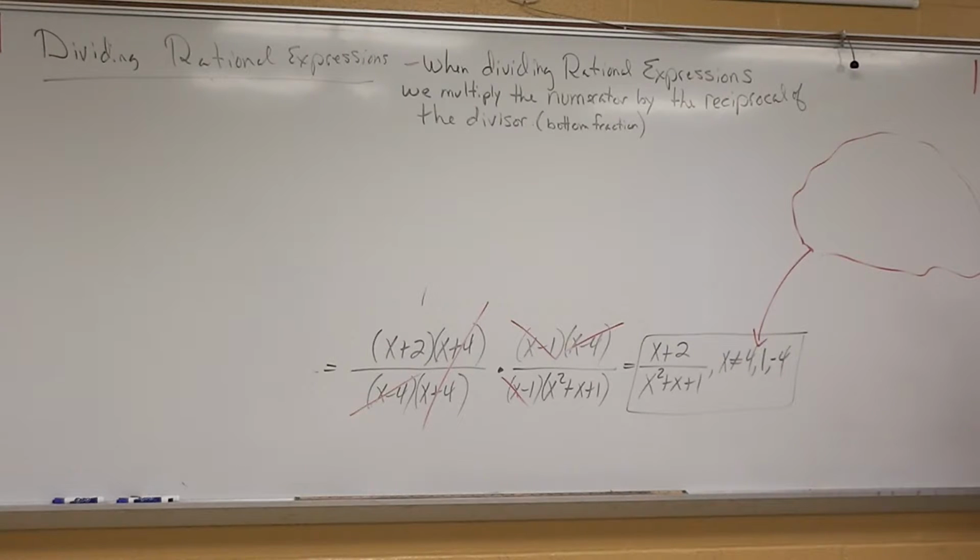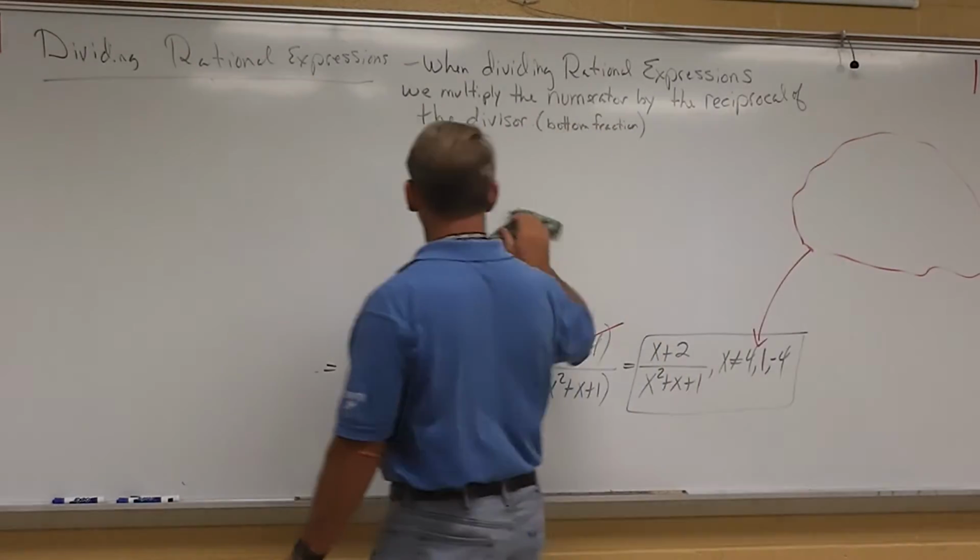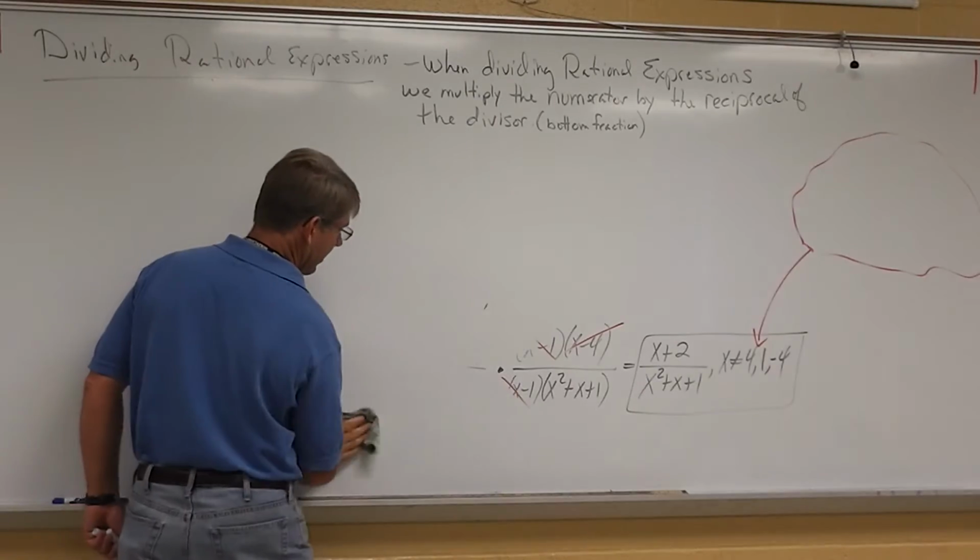Or these are listed because these are what got divided out. If something makes you go, oh, make a note of it, because that's something you need to remember. That's just a little note-taking skill that I got for myself in college, and that helped me a lot. Because I'd forget down the road, but if I had a little reminder of why we did what we did, it helped reinforce it for me.